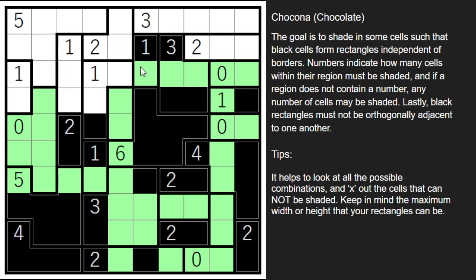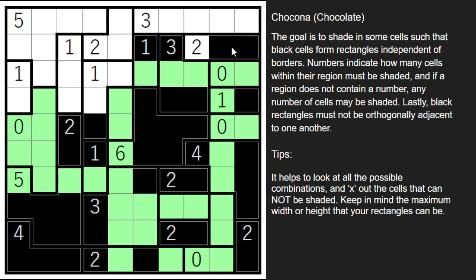Now at this point, we're getting very close to the end of the puzzle, and we can use the strategy we've used earlier. So this is a 3-celled region with a 2 clue. So we can ask ourselves, can this be unshaded? The framing of that question is, can these two be shaded?